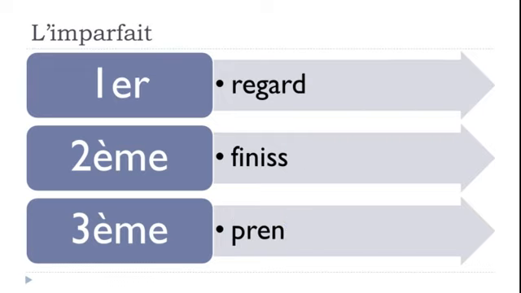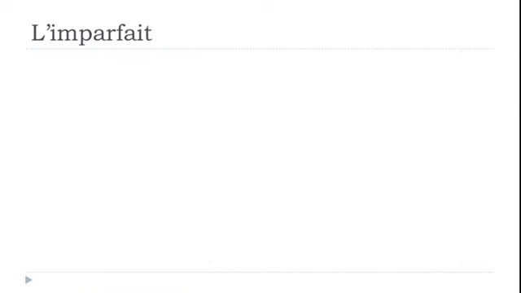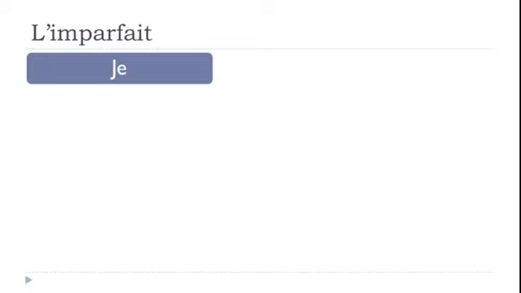Okay? Then, that's the thing we will keep. Regard, like that, without the ending for nous. Finiss without the ending for nous, and then prenn without the ending. Okay? And after that, you will add the endings for l'imparfait.